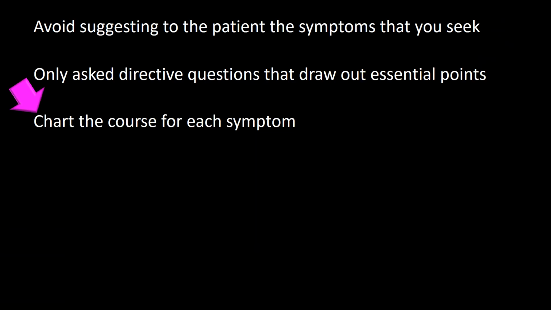Third pearl. Find how each symptom progresses. And the key to this sentence is the word each. To explain the meaning of this phrase, I will create a graph to correlate symptom evolution and time.